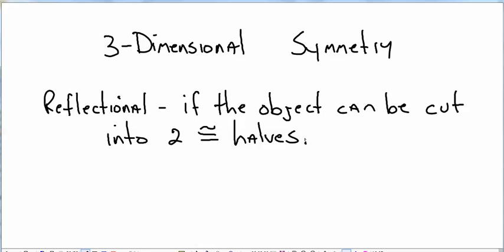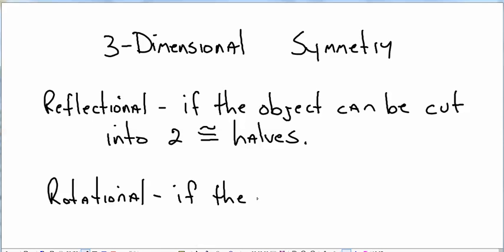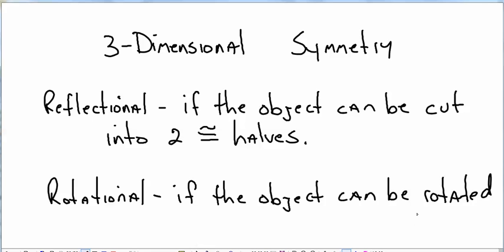And then you've got rotational symmetry in 3 dimensions. That's if the object can be rotated around a line and remain itself.